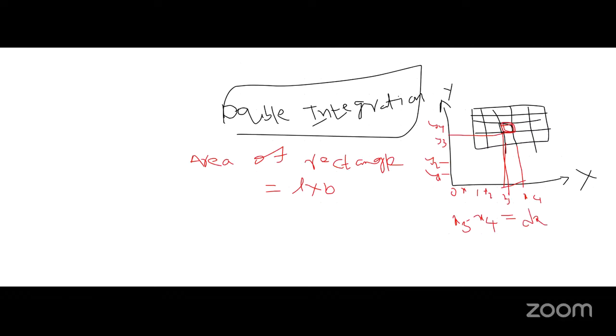Next, Y3 minus Y4, that is nothing but dy. So L equals dx and B equals dy. So that becomes dx into dy.